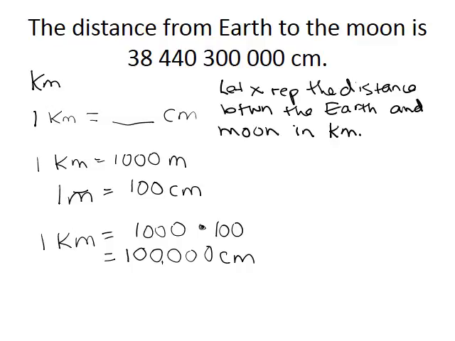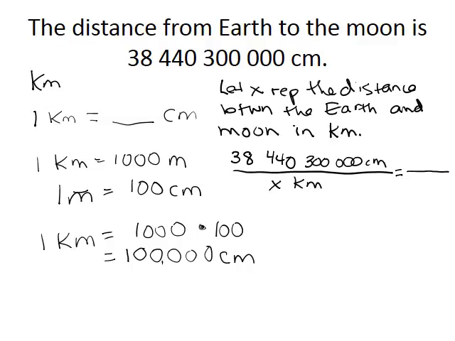And then I'm going to set up a proportion. I know you've seen these before. So we start with 38,440,300,000 centimeters, and I want to know how many kilometers that is, so I'll put x kilometers, is equal to, now I have centimeters on the top here, so I'm going to put centimeters over here on the top, and I know that 1 kilometer is equal to 100,000 centimeters. So I'm going to write 100,000 here.